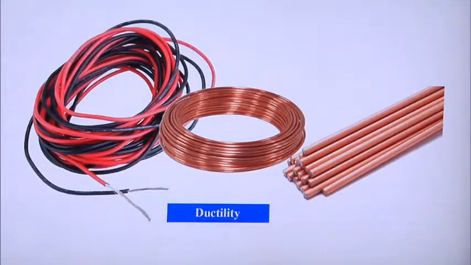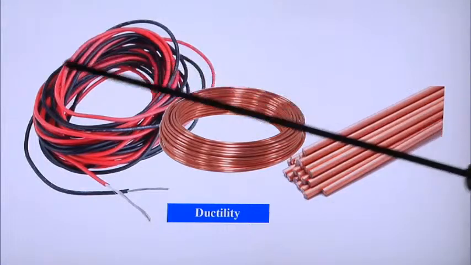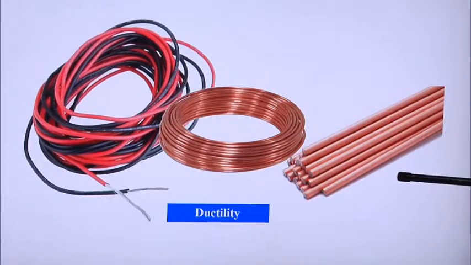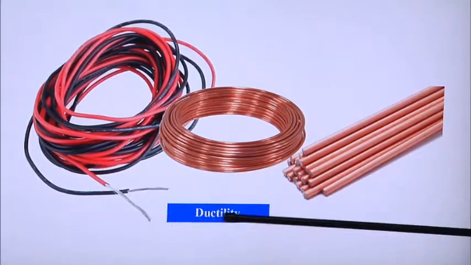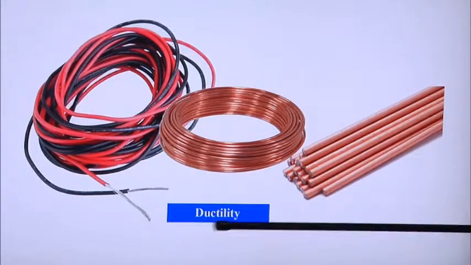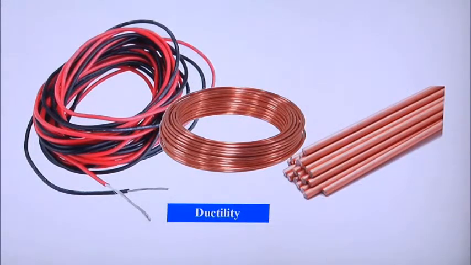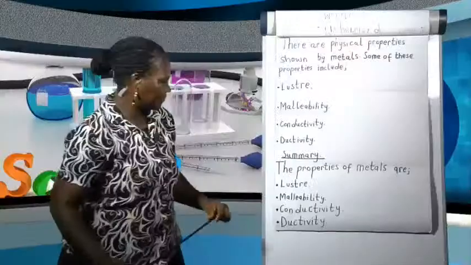So ductility shows that we can turn the metal into wires, and we use it to conduct electricity in our various houses. So another property of metal is what? Ductility. Let's all say it. Ductility. It means we can bend metals into wires.